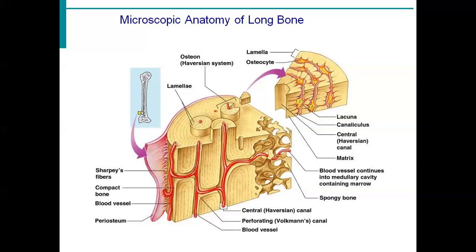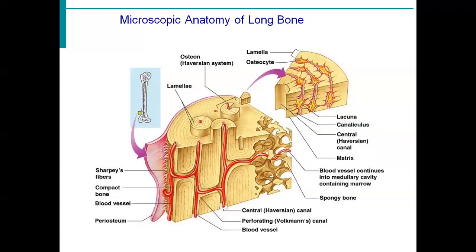Write a short note on histological structure of long bone, where you have to put a simplified diagram and have to mention the following terms: Haversian system, lacuna, osteocyte, lamella, canaliculus, Volkmann's canal, etc.